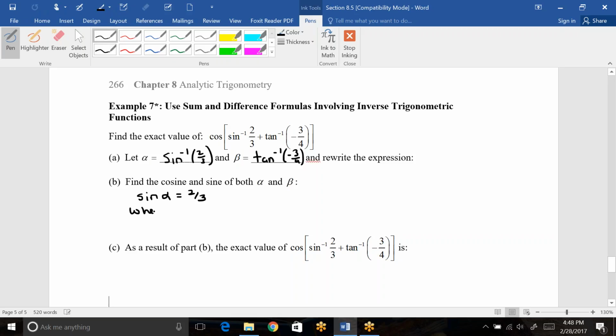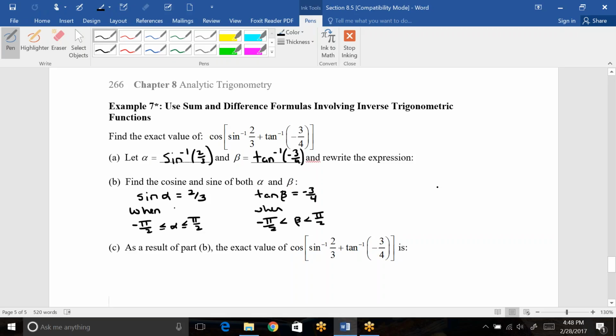Remember, when you're using inverses back and forth, sine is only defined when alpha is between negative pi over 2 and pi over 2. So we do have to worry about our restricted domains. The other situation is tan of beta equals negative 3/4 when beta is between negative pi over 2 and pi over 2, but not including those because that would cause undefined.